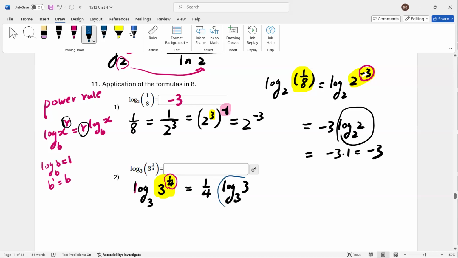Something looks similar to the earlier one. Once we put 1/4 in front of the log, the log becomes log with base 3 and the argument also 3. We know when the base and the argument are identical, the logarithm equals 1. So we have 1/4 times 1, which is 1/4. So the result is 1/4.